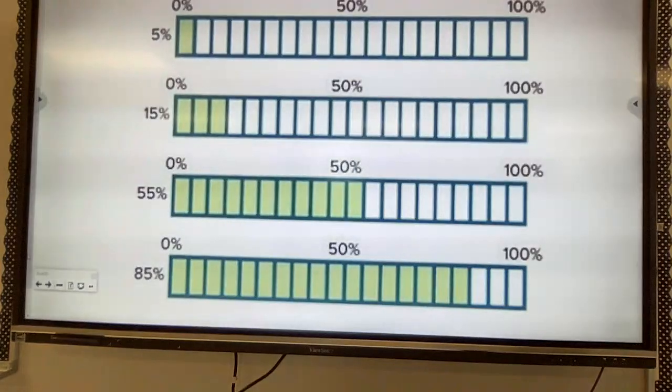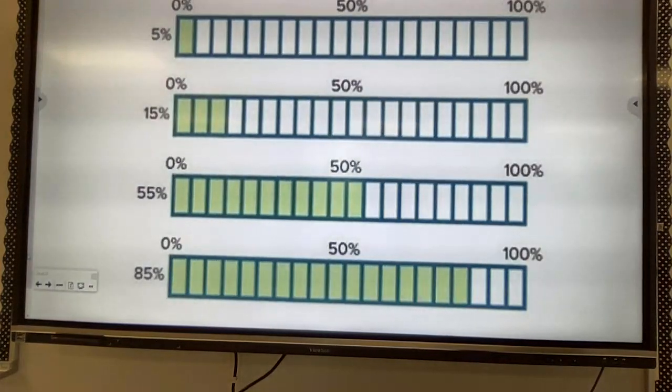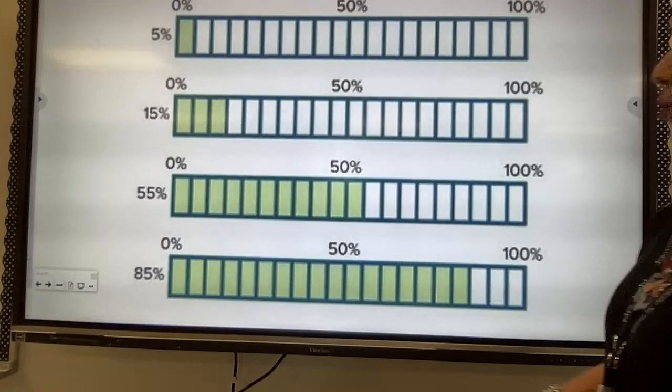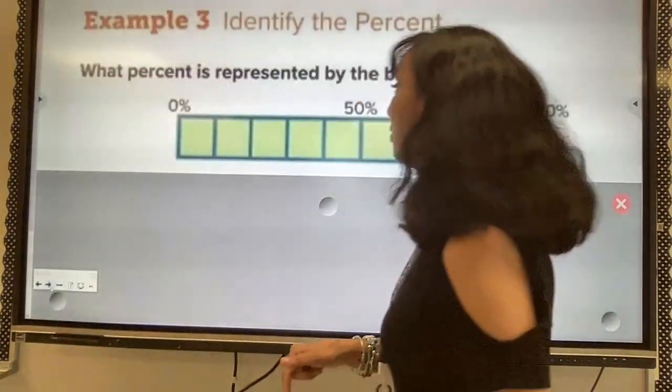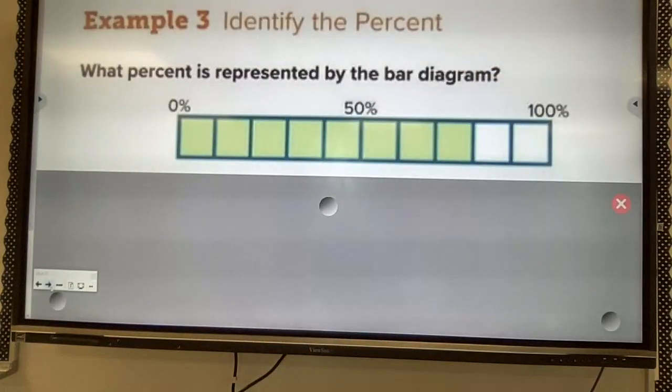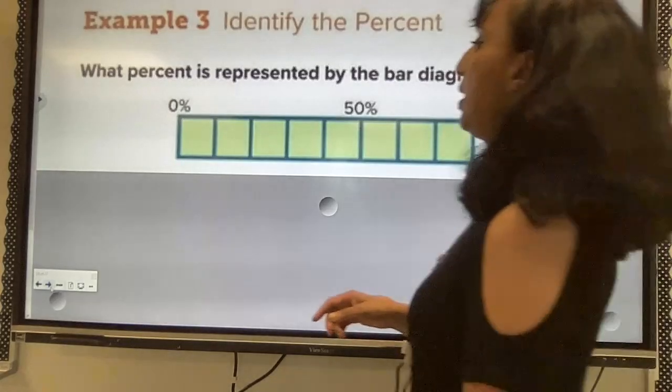Let's look at an example, and we are going to identify what percent it is. Let's look at this one. What percent is represented by the bar diagram?